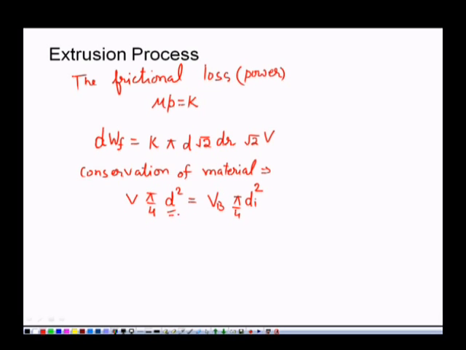So, the diameter everywhere may be related to our initial diameter or the ram diameter. Using this we can say that the frictional power loss is equal to pi K di square VB dr by r.